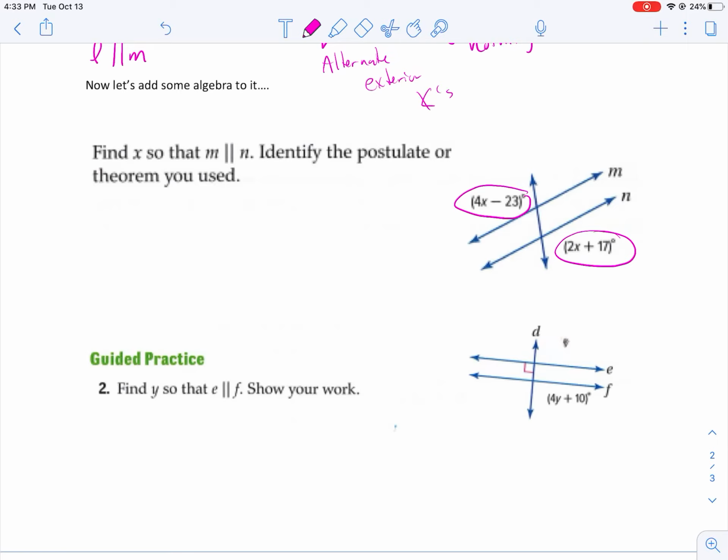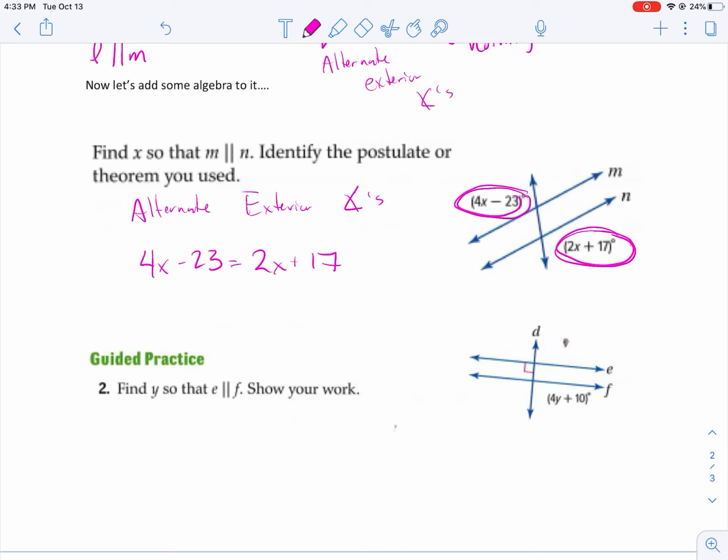And they are alternate exterior angles. So in order to show that M is parallel with N, we have to have the same value here as we do here. We have to have the same angle measure. So in order to do that, I have to set these two things equal to each other.